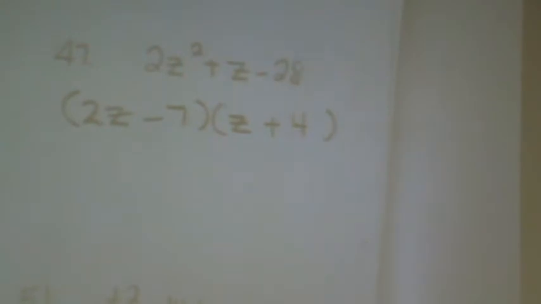One's got to be positive and one's got to be negative. So let's put a positive here and a negative here, because we want it to be negative 28. This is going to give us 8. Oh, we got it. 2 times 4 is 8. And then 8 minus 7 is 1. Here's your answer. Worked out the first time.